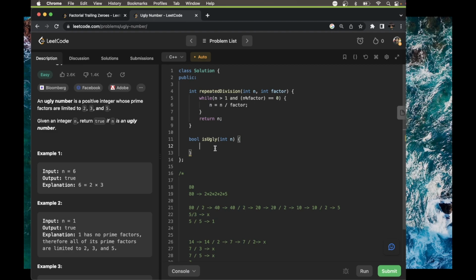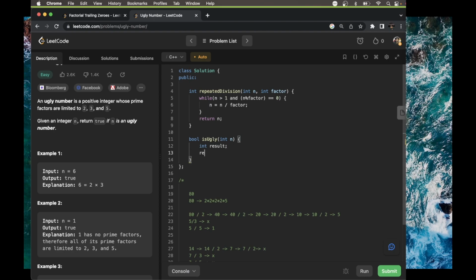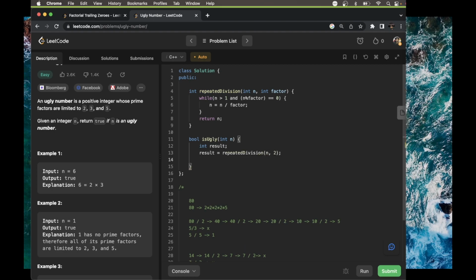And then what I can do is I can say int result, we'll initialize a value result. We will say result is equals to, first of all, I'll try to do a repeated division on n with 2.